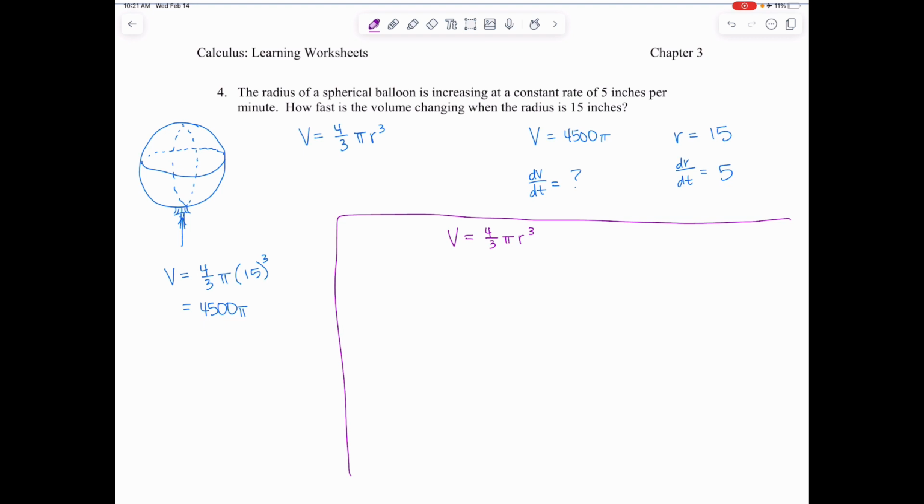So derivative of v will be dv dt. Here we have our variable is r cubed. 4/3 pi will be our constant, so you can pull your 4/3 pi out front, take the derivative of r cubed, so we'll have 3r squared, and then chain rule, dr dt.